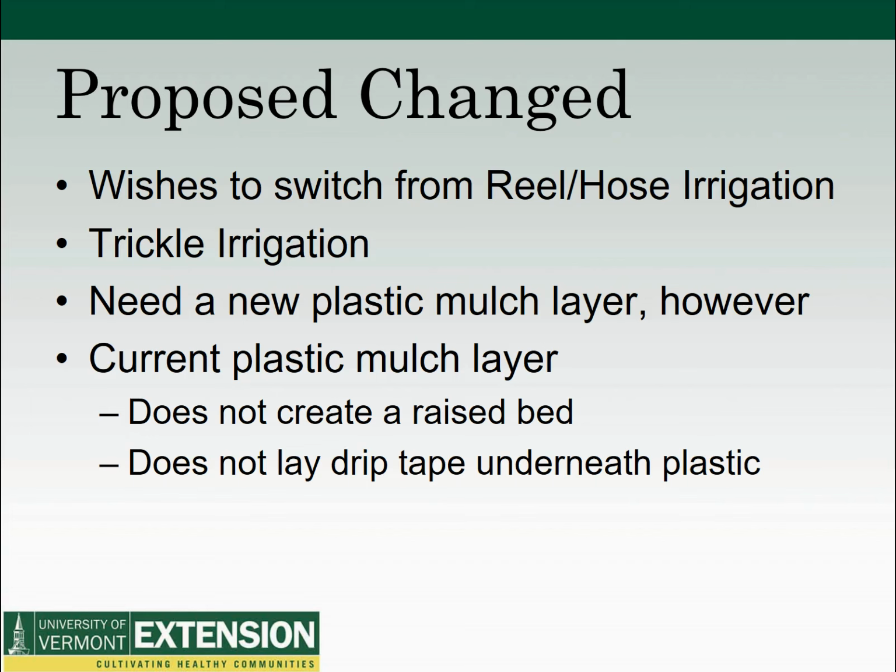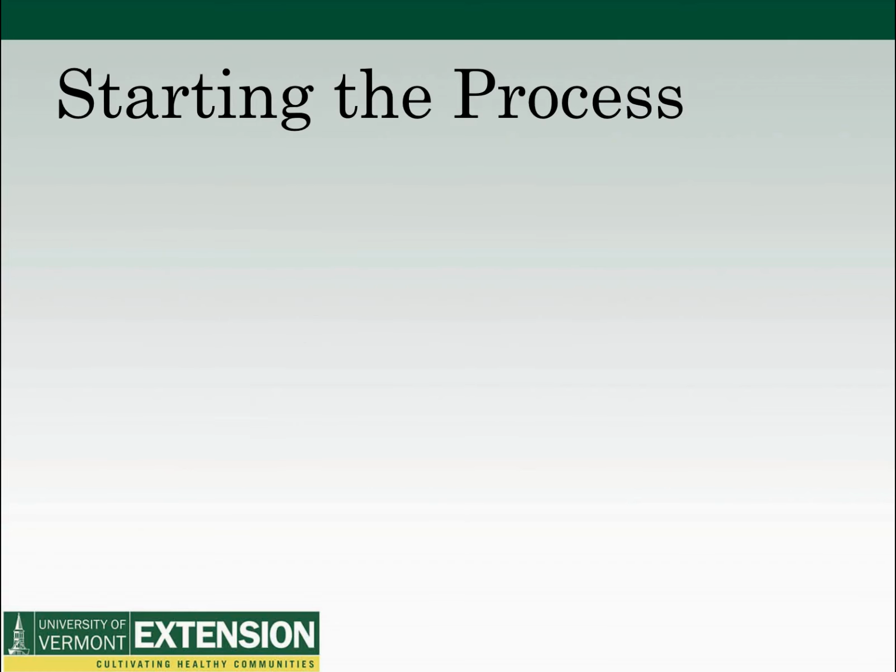But they want to get a new one, because the old one does not create a raised bed and it does not lay drip tape underneath the plastic. So here we are, starting the process of evaluating whether going to trickle irrigation versus overhead irrigation is financially worth doing for this farm business.